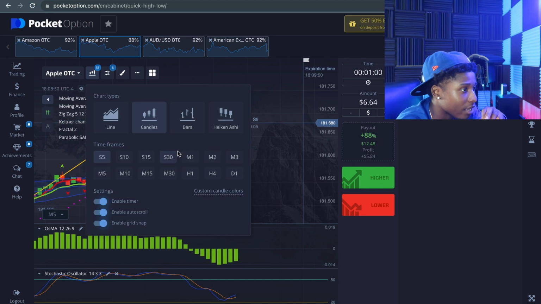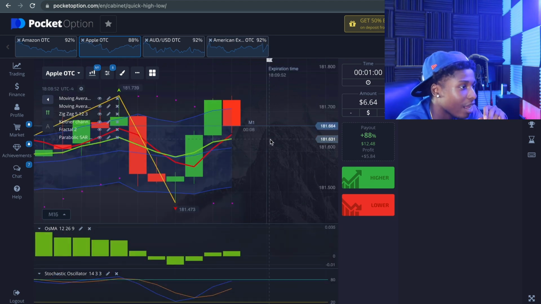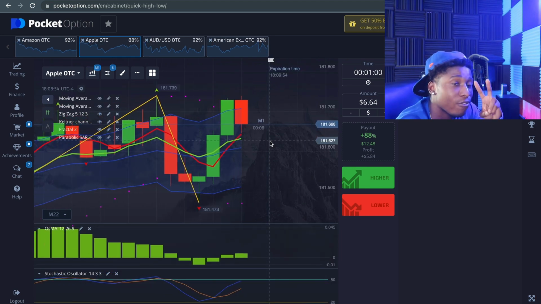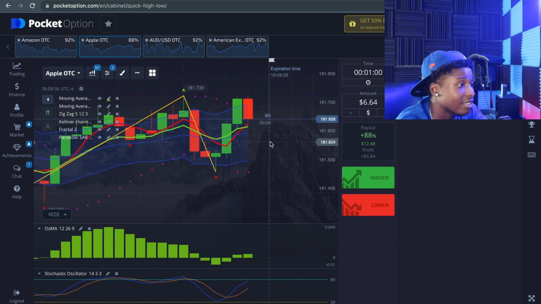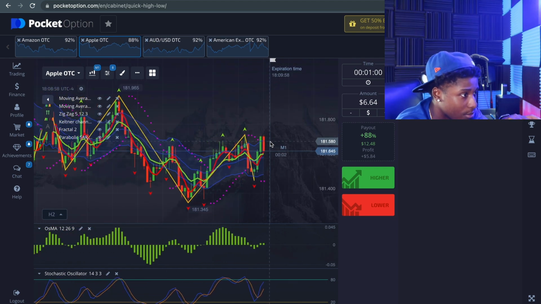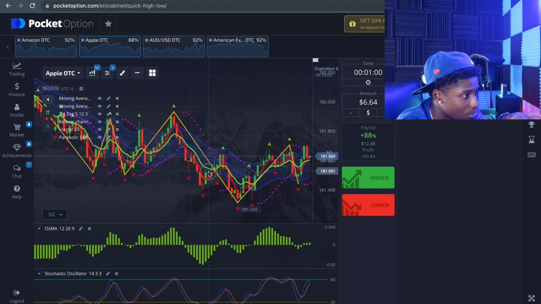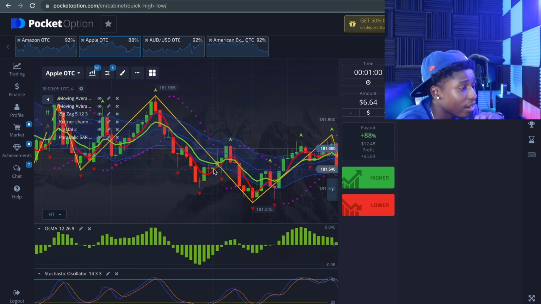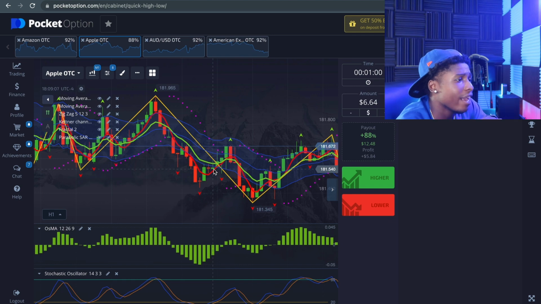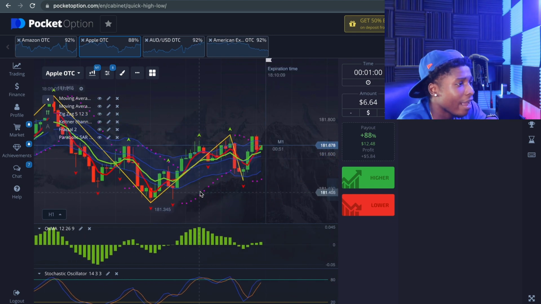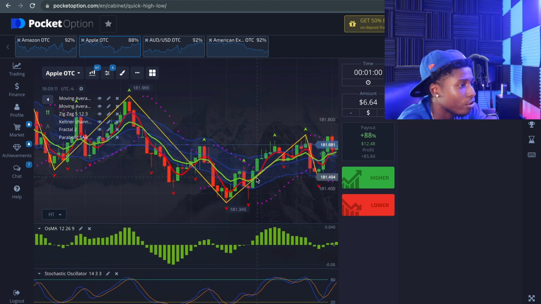But let's go back to the 1 minute chart, guys. And I'm going to show you what this double fractal method is, because that is the point of this video, the double fractal. So as you can see right here, boom, we have a double fractal. What I mean by double fractals is that we have 2 fractals without having a green fractal or a red fractal in between.